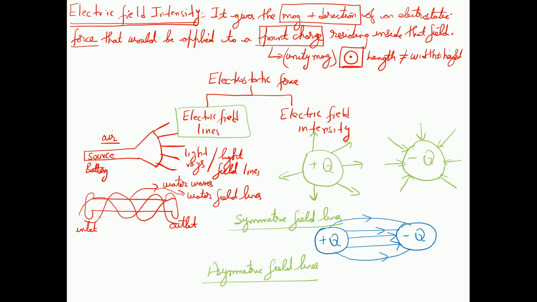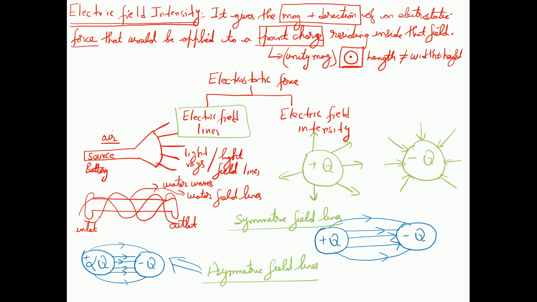Similarly, for asymmetric lines, again we have charge Q and a negative charge, but this time the positive charge Q has a magnitude greater than the negative Q. In the beginning, if the charges are at a close distance, the field lines will travel straight, but as the distance is increased, they will go in a curvature or cylindrical form.